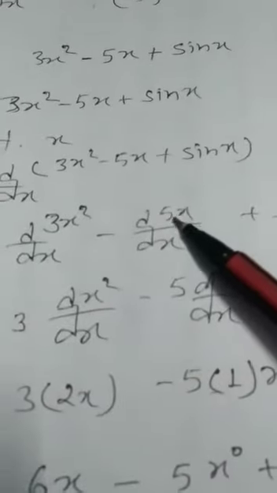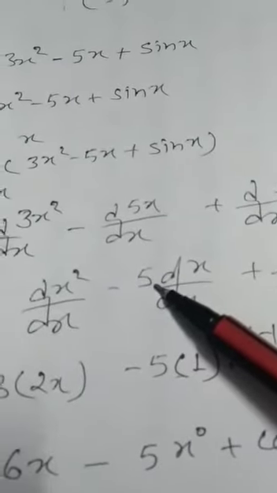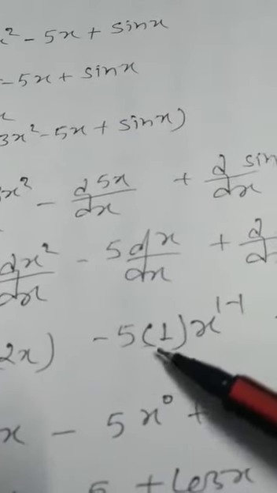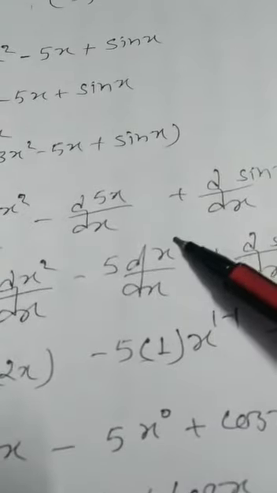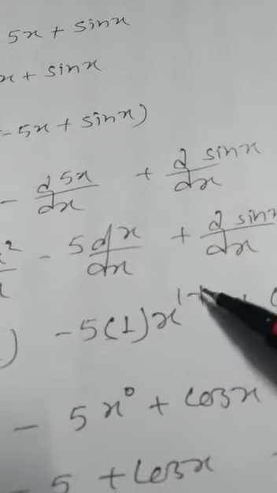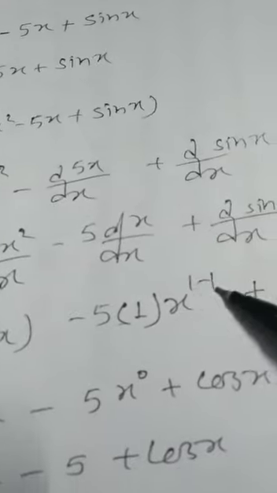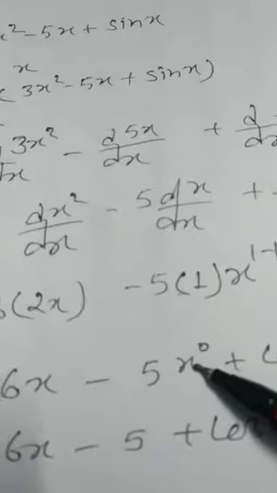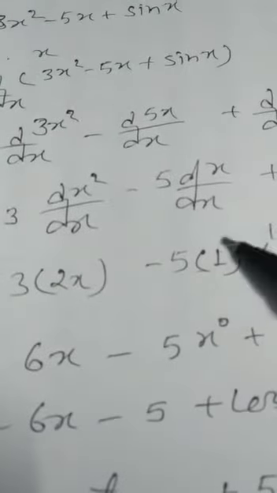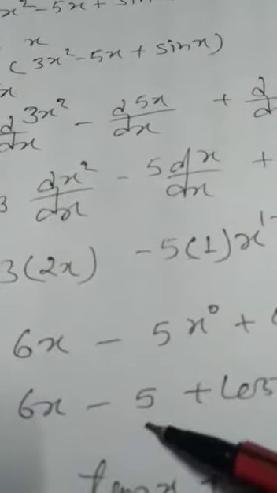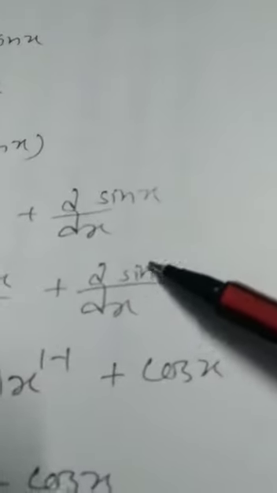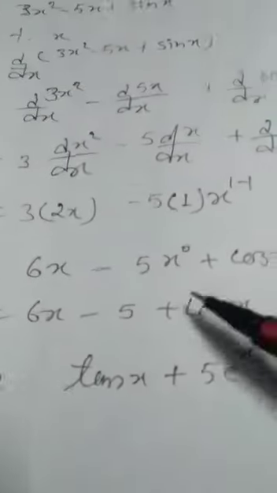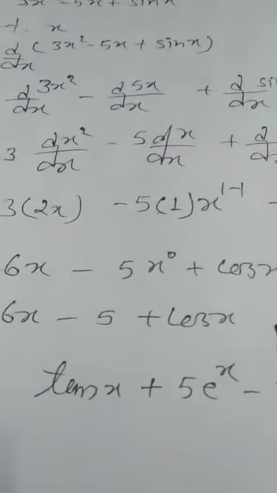In the next term, 5 is a constant multiplier, it comes in front, and differentiation of x with respect to x is 1, that means n x to the power n minus 1, that means 1 minus 1, that will be 0, and power 0 on any variable becomes 1. So the final result of this differentiation will be 5 into 1, that means 5. In the third term, differentiation of sin x is cos x. So this is your final answer.